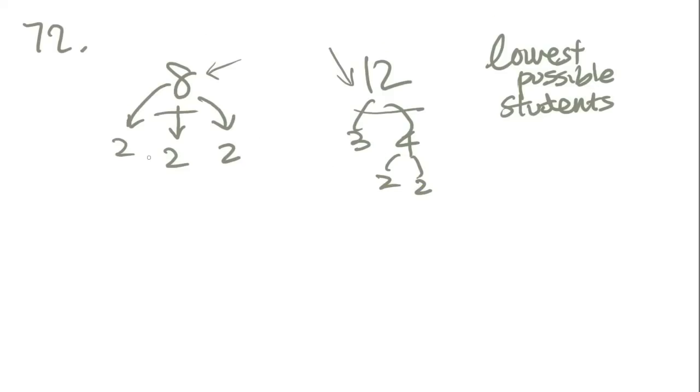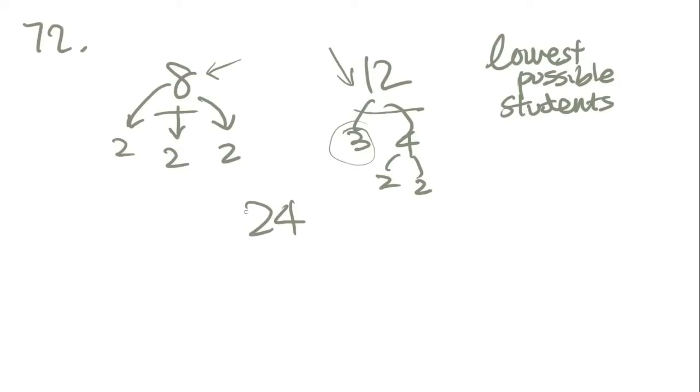There are three 2's here and two 2's there, but then there's a 3 that isn't here. So whatever the number of possible students is, it must accommodate both a team of 8 and a team of 3. So 2 times 2 times 2 times 3 would get you 24.